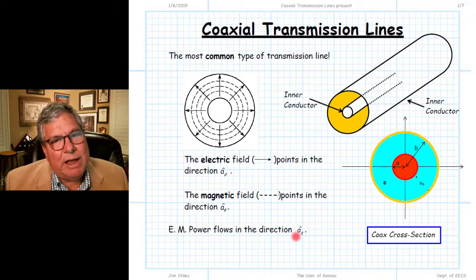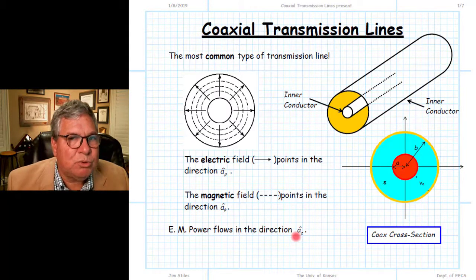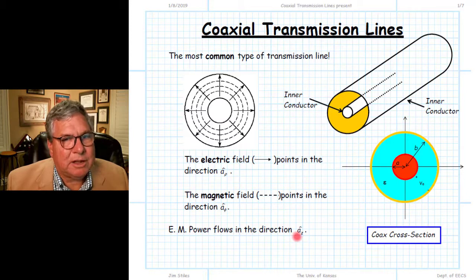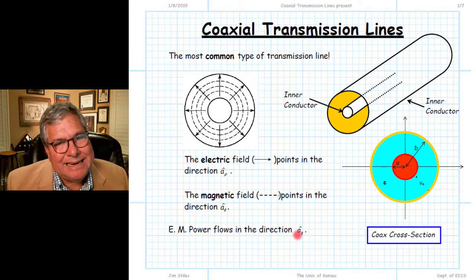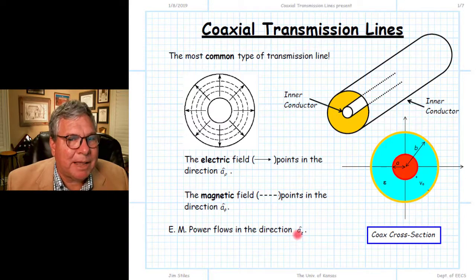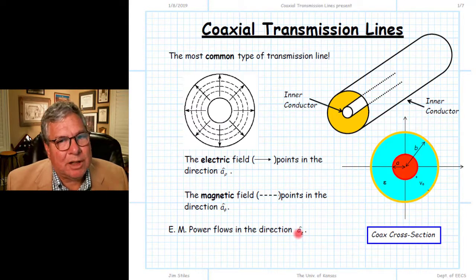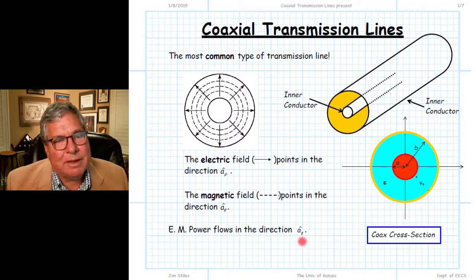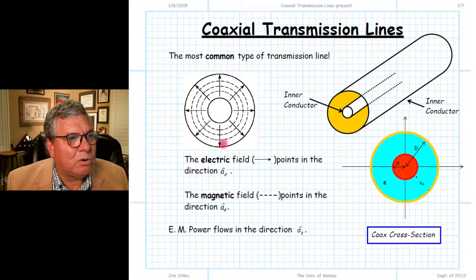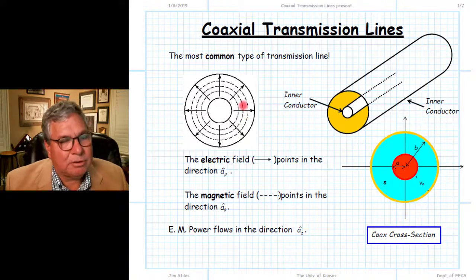So this TEM wave is a requirement of a true transmission line. A transmission line has two conductors, and it creates a TEM electromagnetic wave propagating along that transmission line. And again, the only thing to really remember there is that the electric field is orthogonal to the direction of propagation, the magnetic field is orthogonal to the direction of propagation, and the electric and magnetic fields are orthogonal to each other.